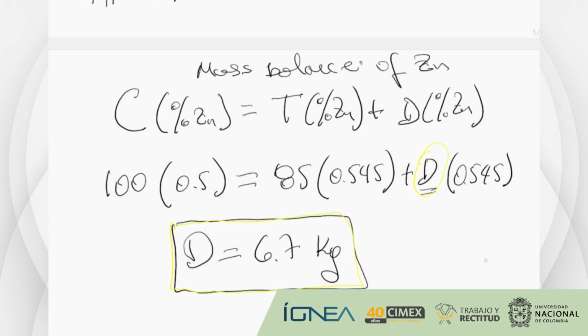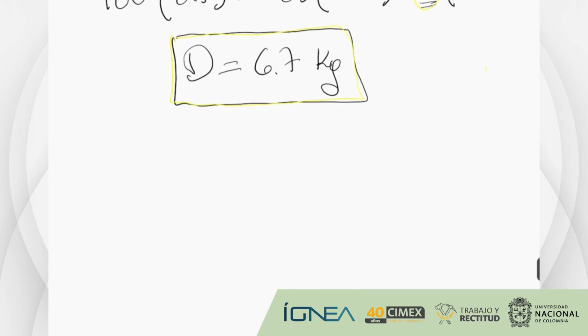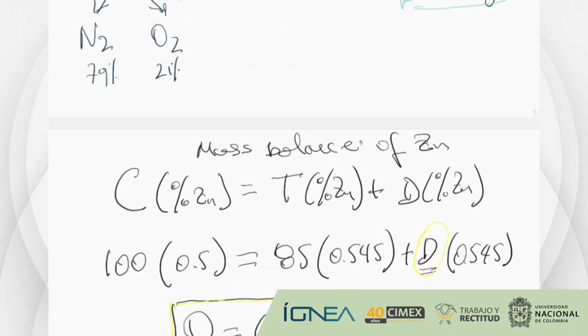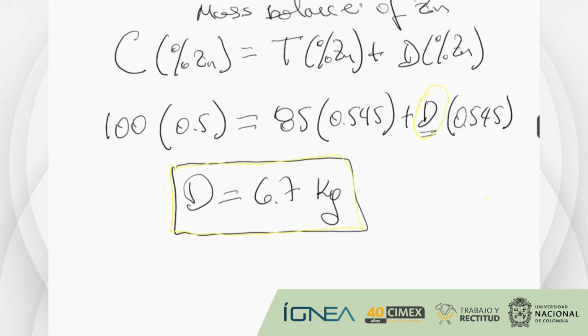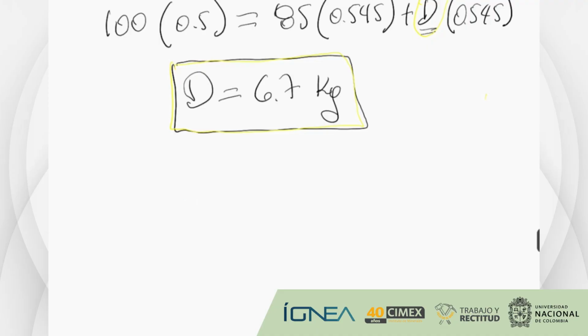Now we have to define the gases that we have as a result of the reaction. For the gases, we have to prepare this reaction in order to define the composition of the gas.